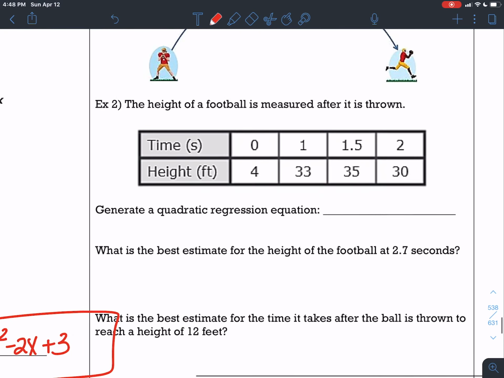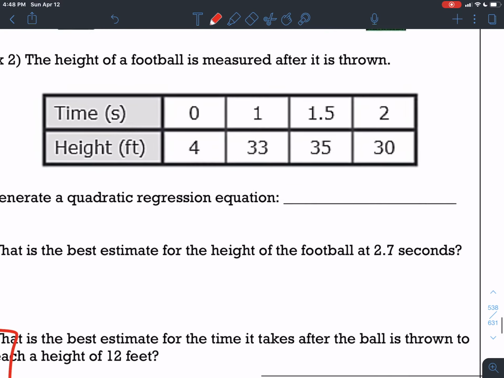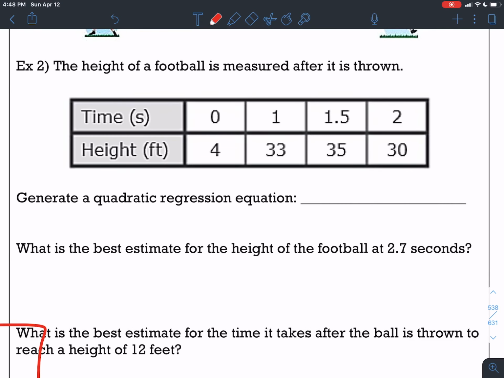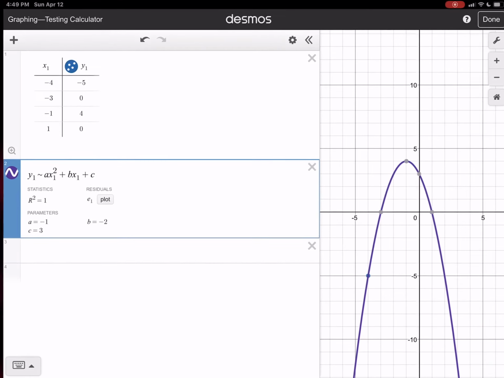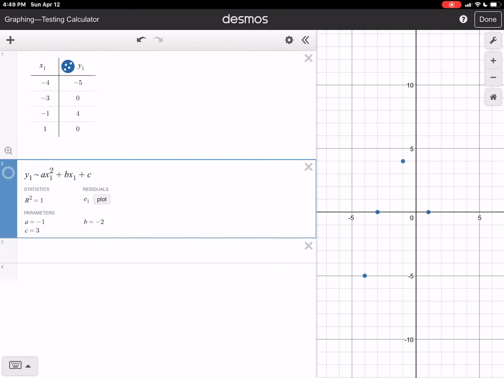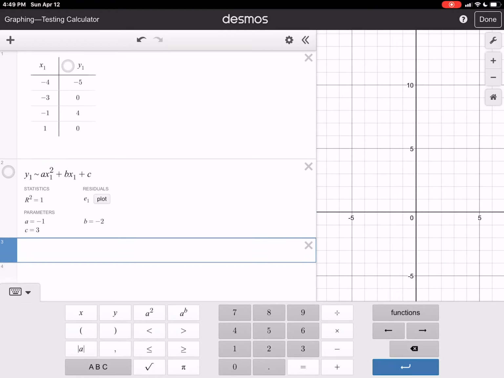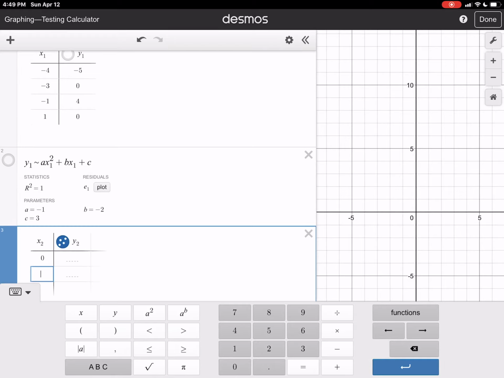Okay, let's try this guy. Example number 2. I'm going to go ahead and type this data into my calculator again. I'm going to turn off these guys. I'm going to add a table. Under my x's, I'll put time. They always put the x's at the top.